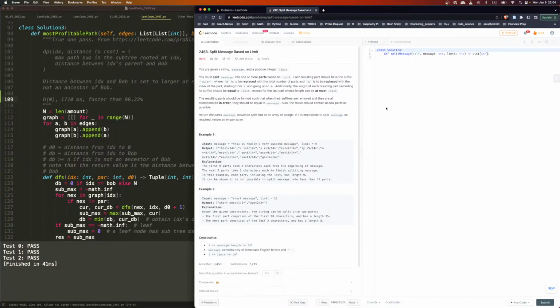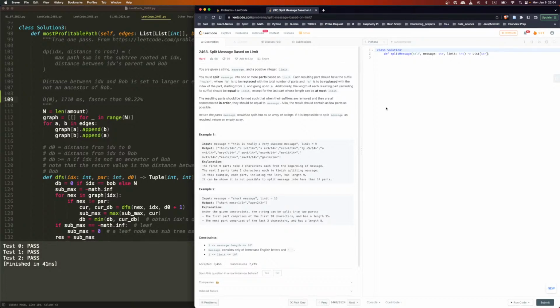What do we have here? Split Message Based on Limit. Given a string and a positive integer limit, you must split message into one or more parts based on limit.